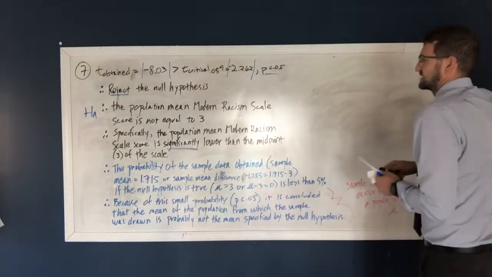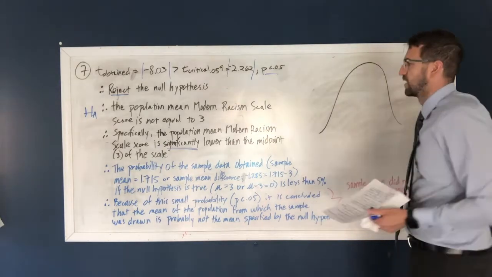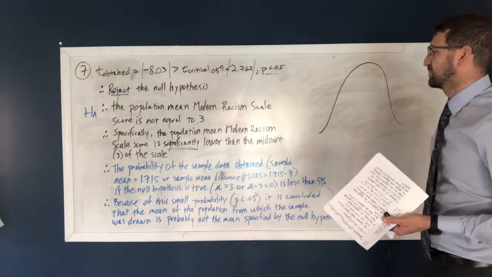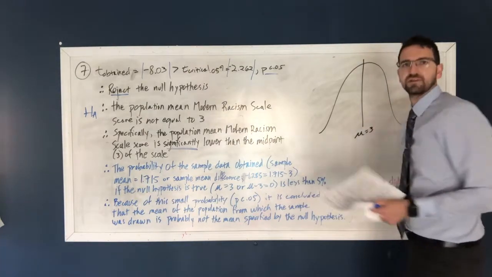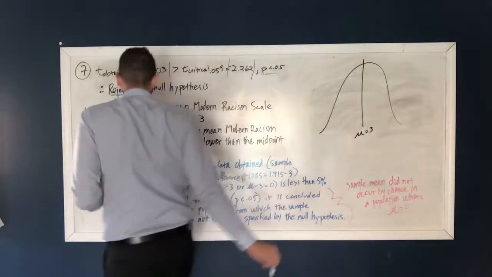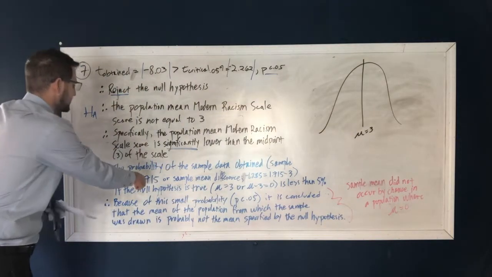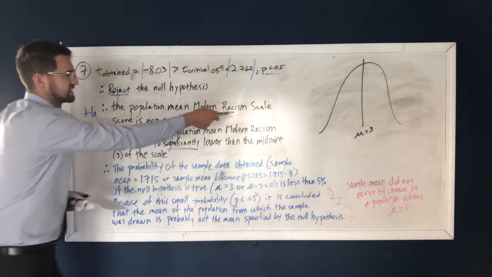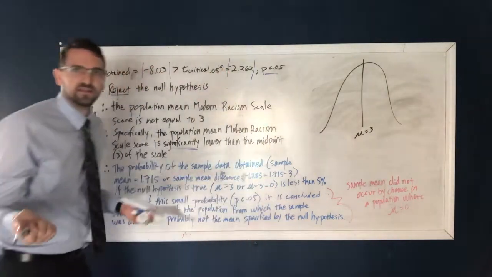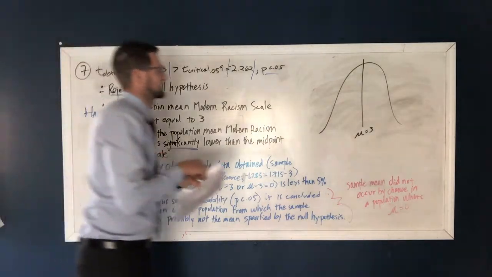Well, again, let's break this down. Draw a picture. Okay, what is the proposed population value? Mu equals 3, right? The probability of the sample data obtained, so getting the sample mean of 1.715, if the null hypothesis is true, mu equals 3, is less than 5%.